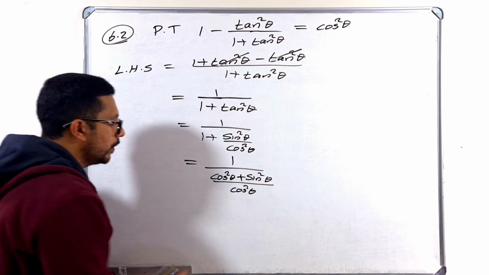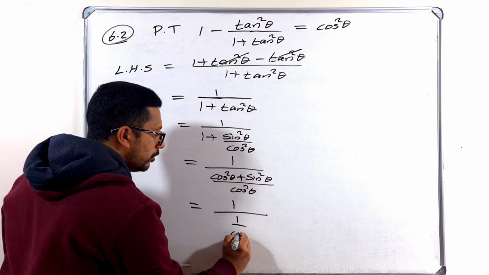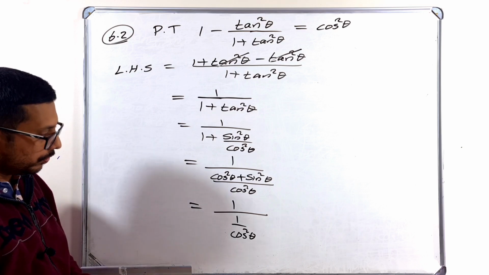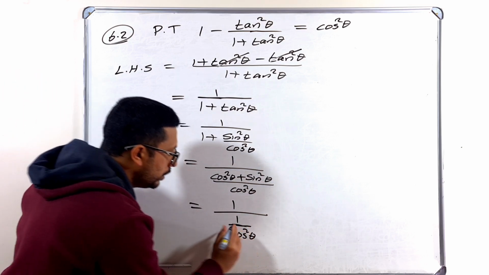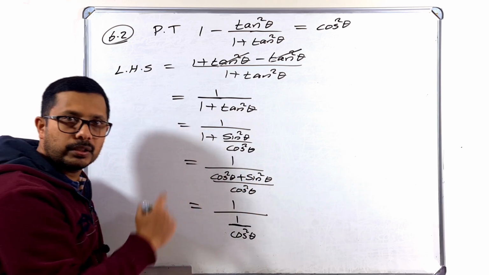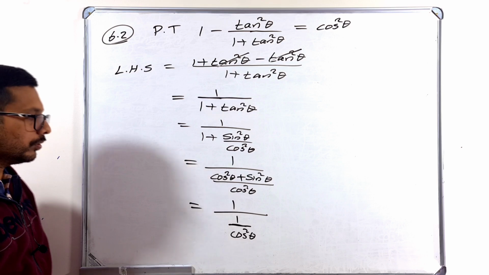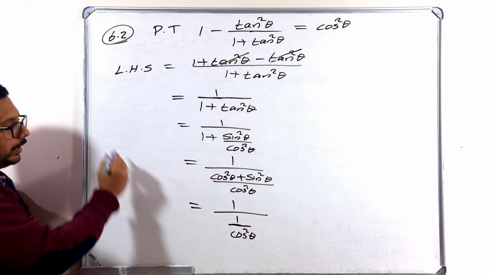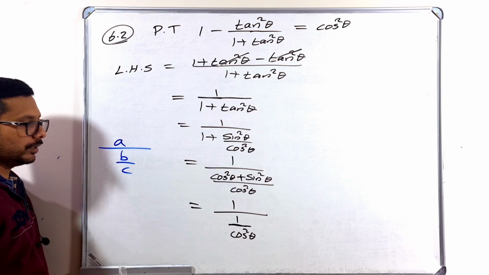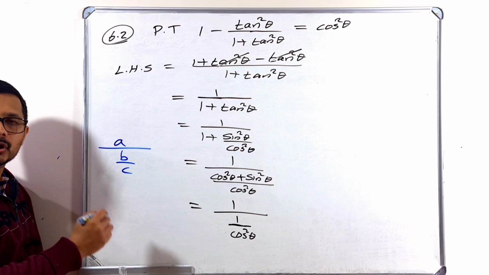So this one is 1 divided by 1 by cos squared theta. Now look at this. How do you get this one? Sine squared theta plus cos squared theta is 1. That's an identity. Now how can you solve this one? Look at this: A divided by B by C. What you have to do is a shortcut method.